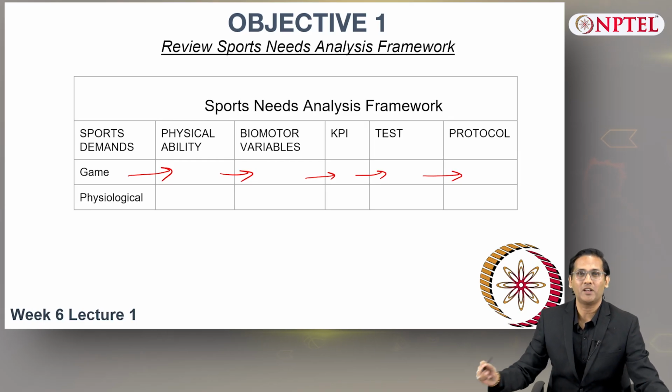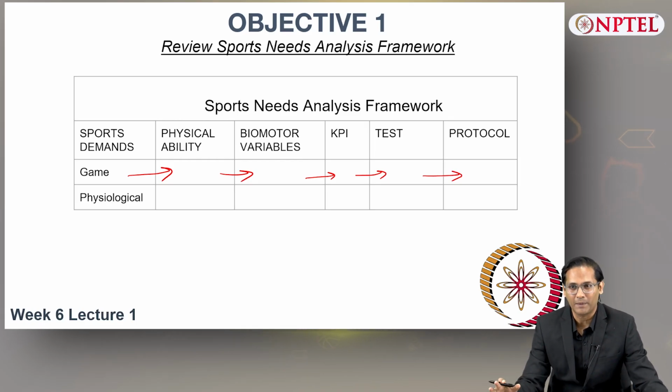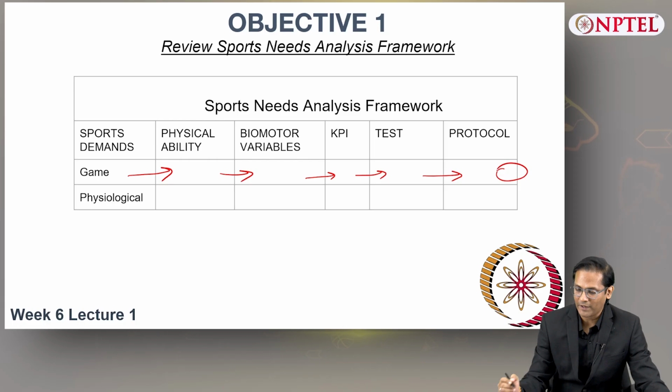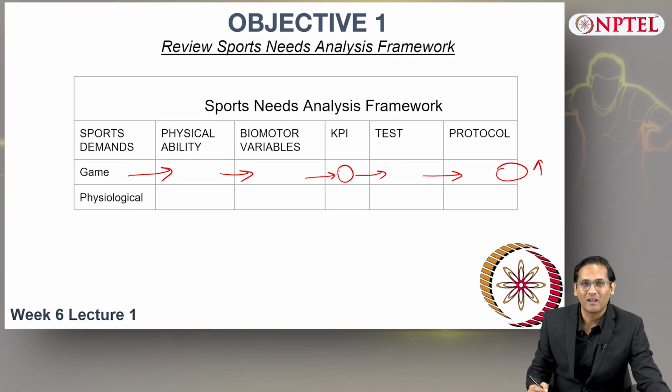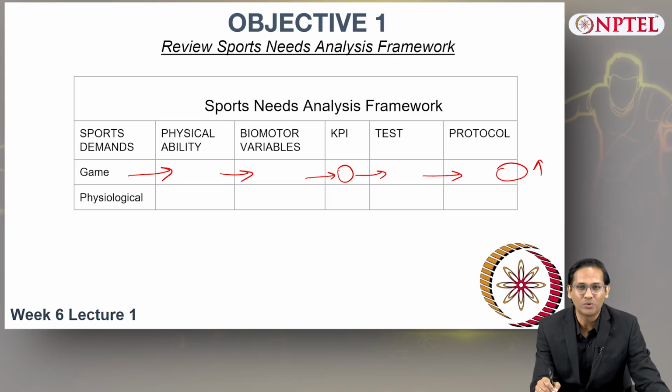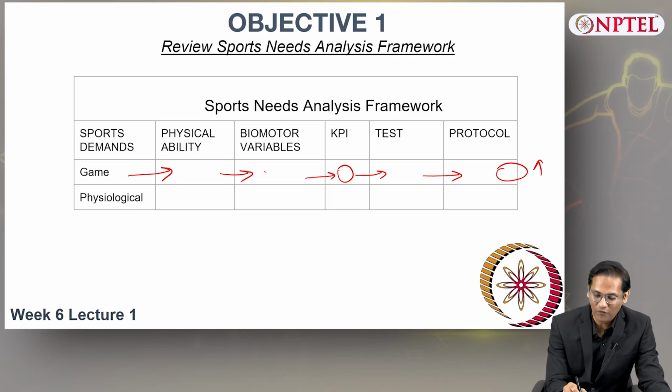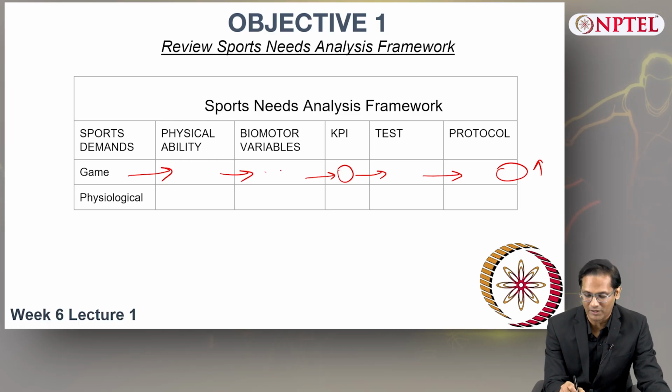Because ultimately, if you want to design a program, you are trying to find out what you are trying to improve, and this you identify with the KPI that you are testing. How do you know what KPI you need to train? You connect with the fitness variables that need to increase.